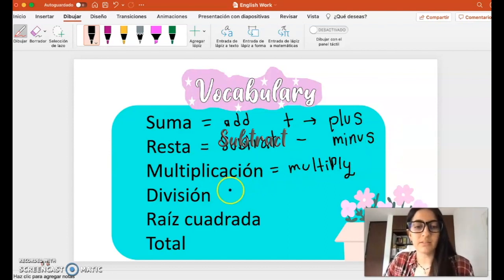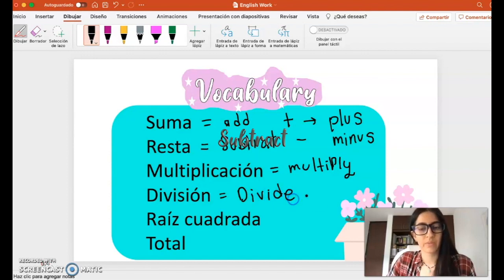The next is división. We can say divide, and we can use, for example, 10 divide by 2, okay? We use divide by.